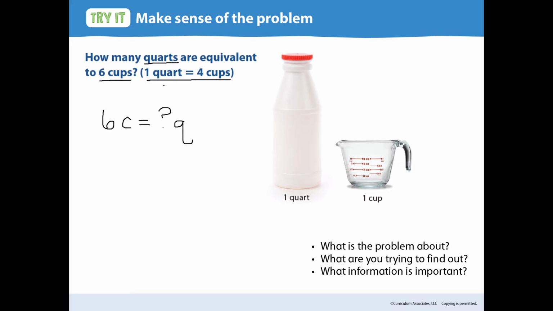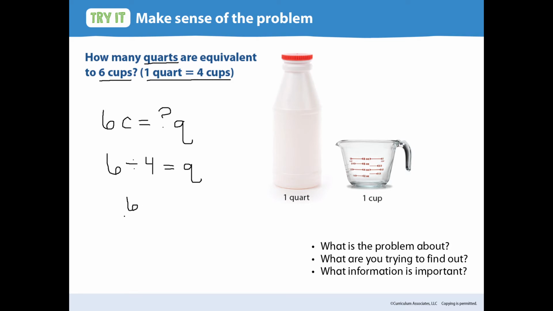Okay, so if 4 cups equals 1 quart, I can take 6 divided by 4 to equal the number of quarts. Now I'm going to use the strategy that I used on the previous slide where I write this as a fraction.